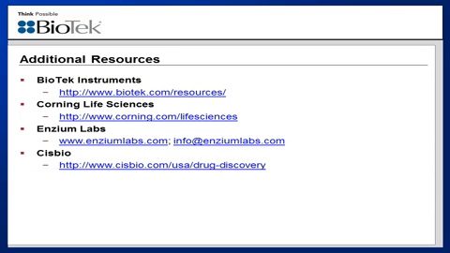The Z projection images that we were able to create using the Citation 5 and the Gen5 analysis should indeed give you a nice, accurate account of the invasion that's going on within the wells.